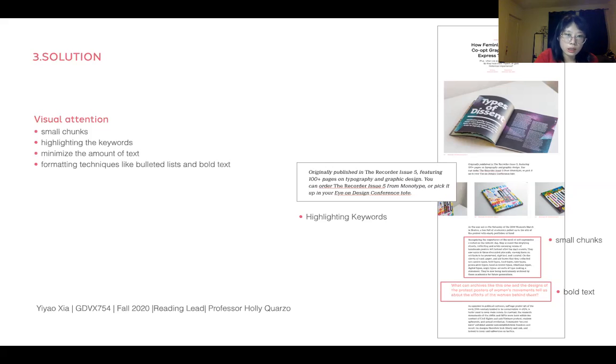The first is using small chunks. The second is highlighting the keywords. Third is minimizing the amount of text. The fourth is formatting techniques like bullet lists and bold text. So on the right is an example from AIGA.